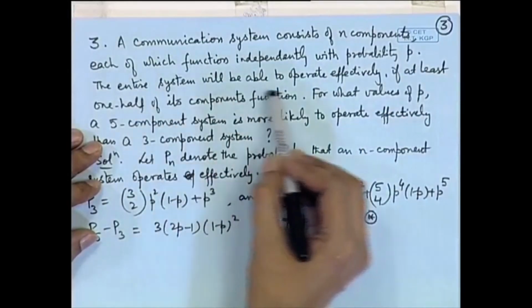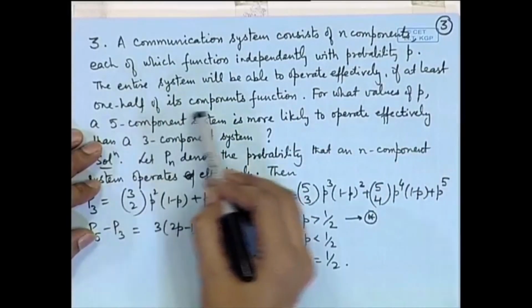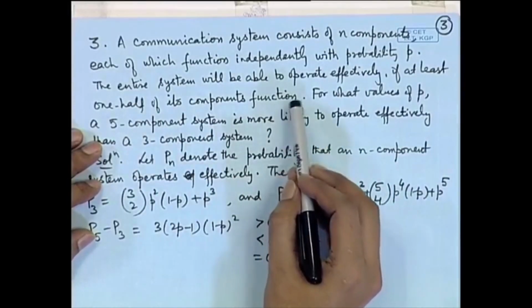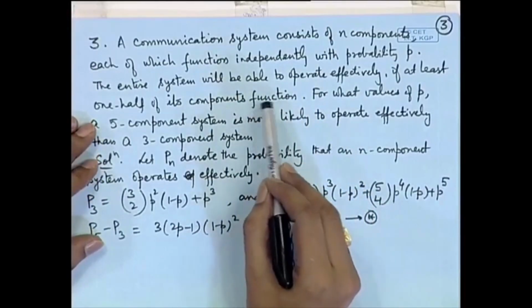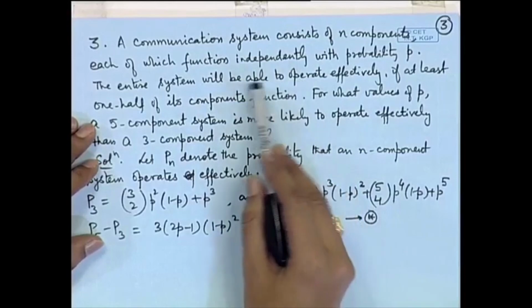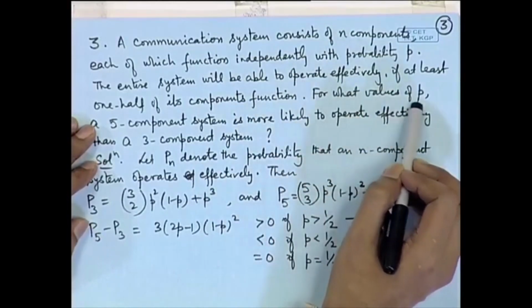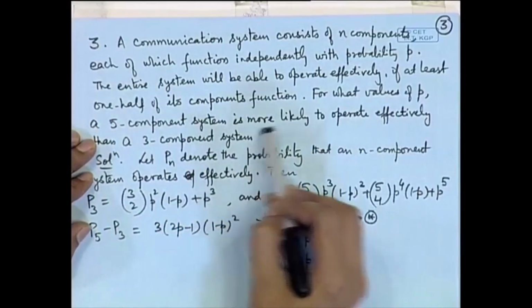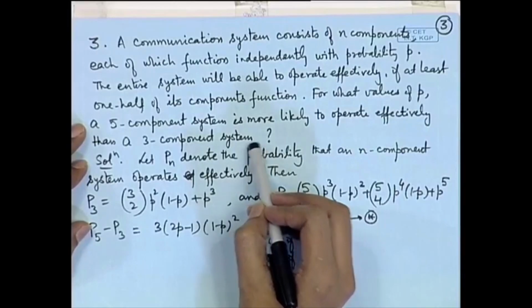The entire system will be able to operate effectively if at least one half of its components function. That means, suppose there are 10 components, then at least 5 should function, then the system will be operating effectively. For what values of p is a 5 component system more likely to operate effectively than a 3 component system?